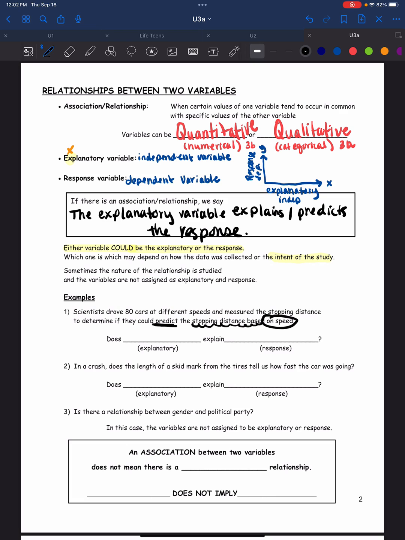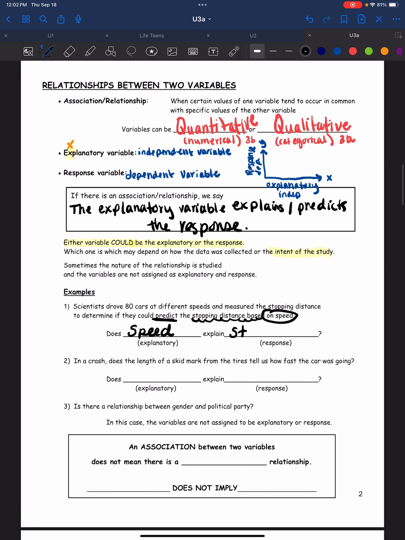Well, I'm trying to figure out, does speed explain or predict the stopping distance on a car? And if you think about it, there probably is a relationship. The faster you're going, the longer it probably takes to stop, right? The slower you're going, the sooner it probably takes to stop, right?